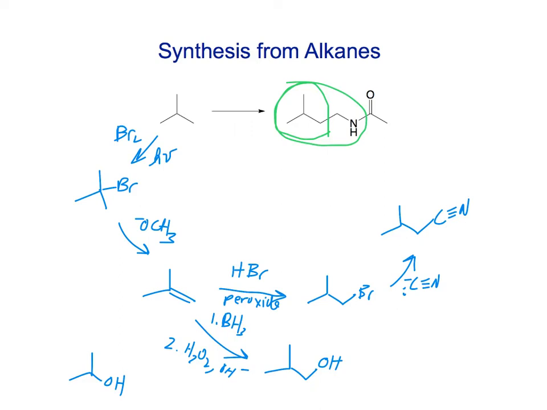But we need to go, for example, from this nitrile to an amine. We could go to an aldehyde. Here, I'm going to show you my way first. Okay, we can use lithium aluminum hydride, followed by water.